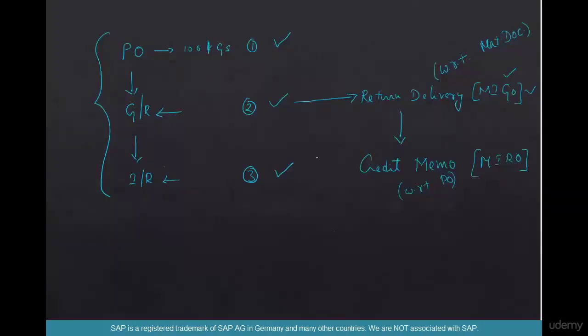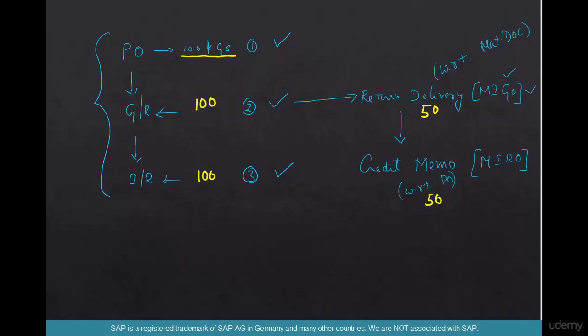So like we were discussing in the previous chapter, we have ordered for 100 kilos of flour, and we got 100 kilos of flour. The vendor did send 100 kilos of flour or coffee, and of course he sent an invoice for 100. Very good. But we found out that 50 was defective, so we returned 50. That means we only got a net of 50. And the vendor issued a credit memo for 50.